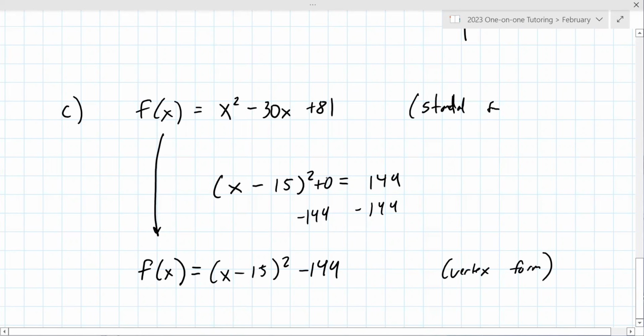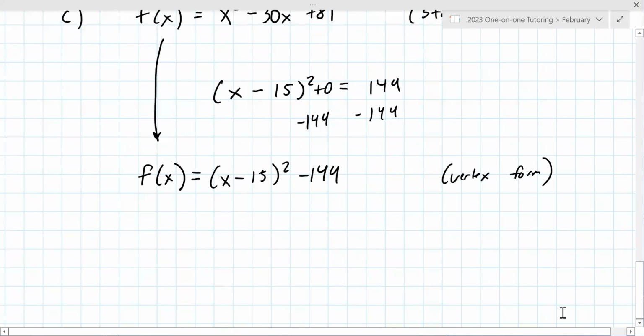And the vertex form tells you the transformations. You can't really get them from standard form, but you can in vertex form. So in vertex form, first you have to identify the vertex. The vertex comes from the number inside parentheses here, and then the number on the outside. For the one inside parentheses, it's the opposite of what you see.